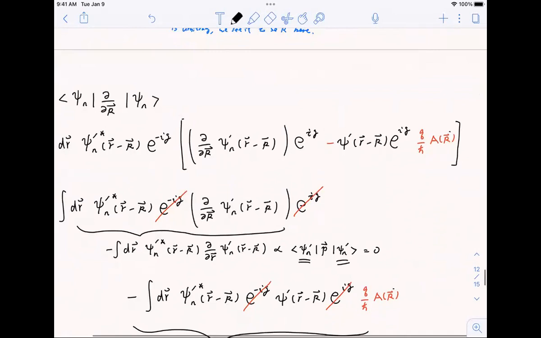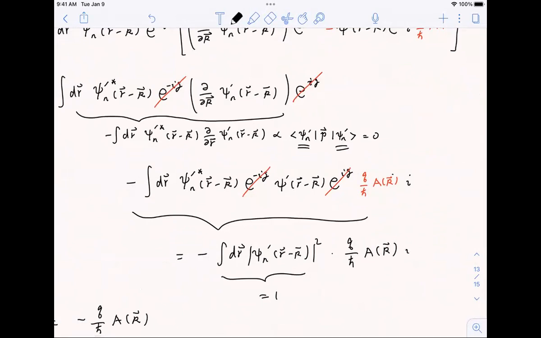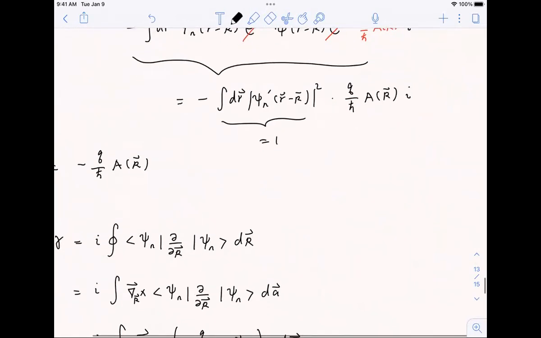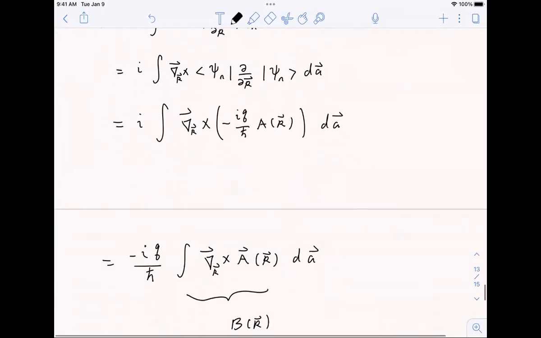So let's take an i. And then this negative i, so they cancel each other. So there's nothing here.